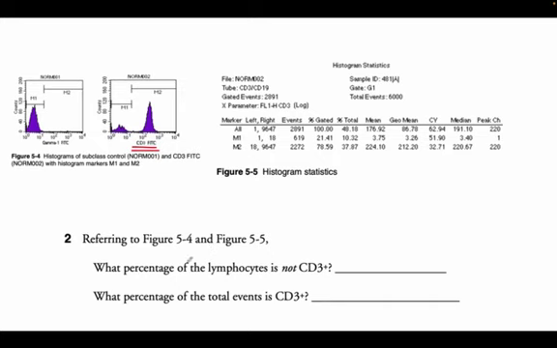If we look at these figures, we can determine which percentage of the lymphocytes is not CD3 positive. This is the CD3 positive population, and this population is not CD3 positive. So the percentage is the percentage within the M1 gate, which is 21.4.